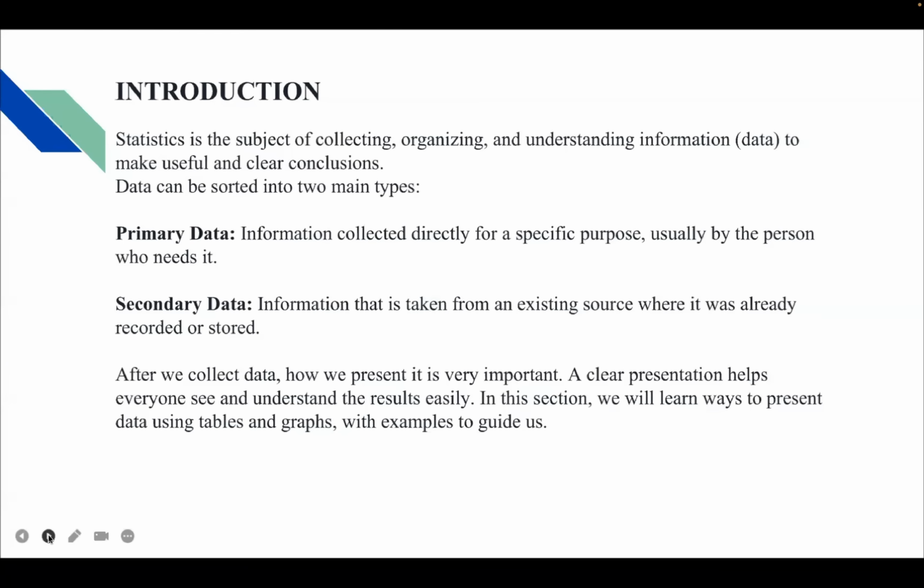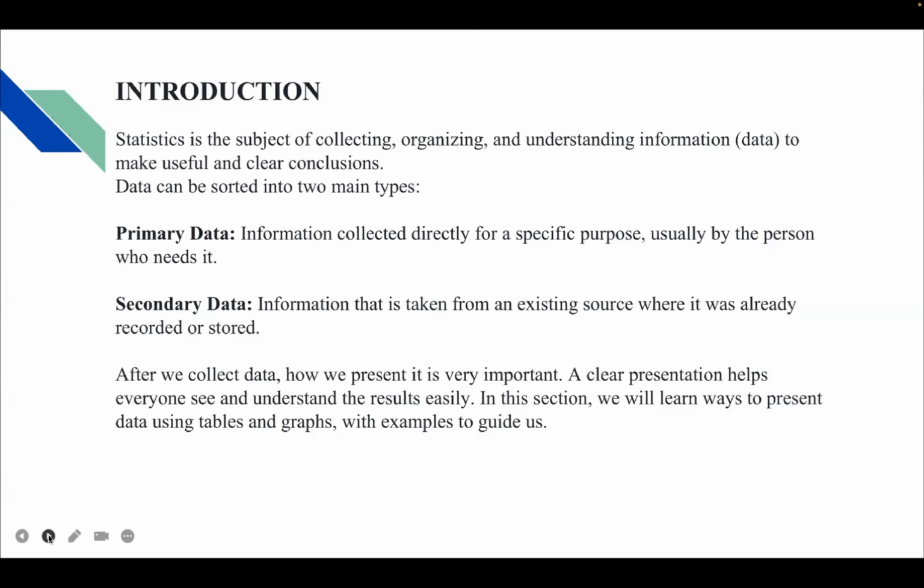Another word for information is data, to make useful and clear conclusions. Data can be sorted into two main types: primary data and secondary data. Primary data is information that is collected directly for a specific purpose, usually by the person who needs it, while secondary data is information that is taken from an existing source where it was already recorded or stored.